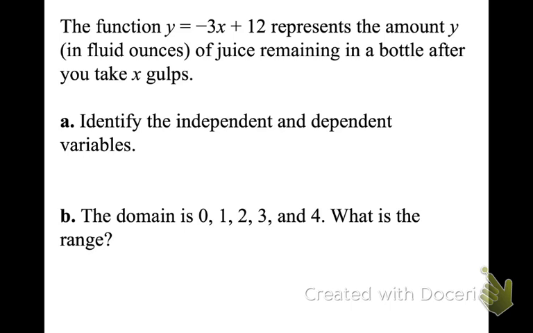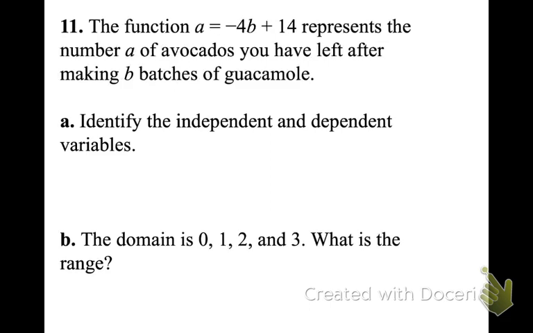Identify the independent and the dependent variables. So what in this situation depends on the other? Because my depender is always my Y. So if Y represents the juice in the bottle, that is your depender. It depends on how many gulps I take. X is my independent. Okay?